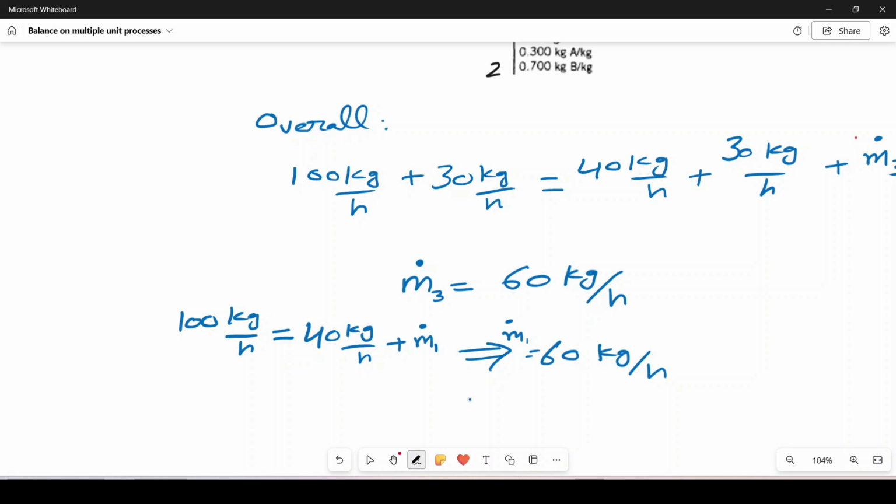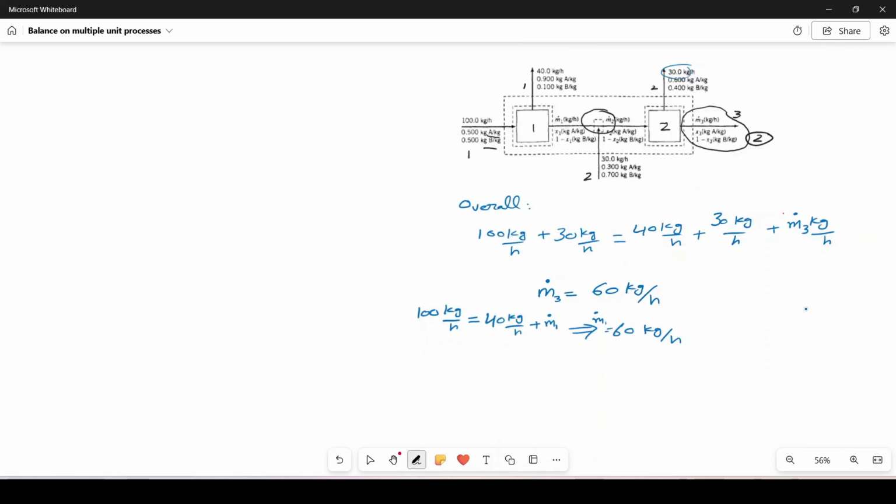For example, if I write the overall balance on species A, it will be 0.5 multiplied by 100, that is the input from this stream, and from this stream 0.3, the mass fraction of A, multiplied by 30, equal to the output.